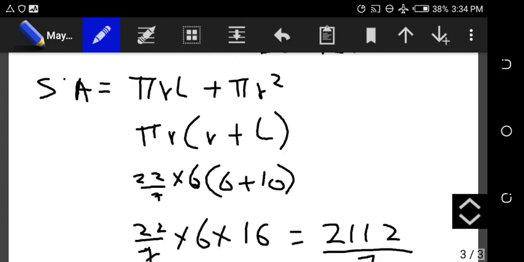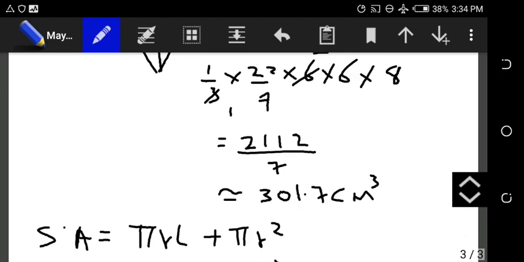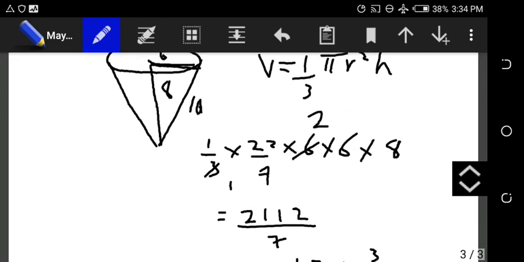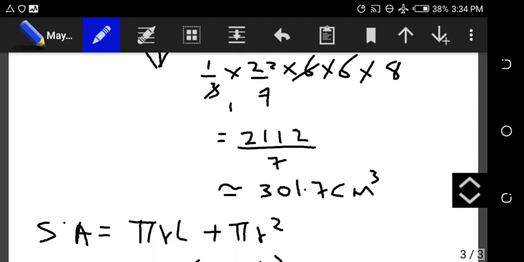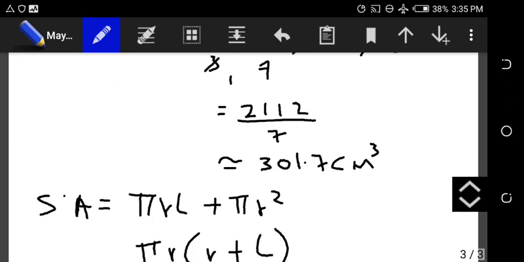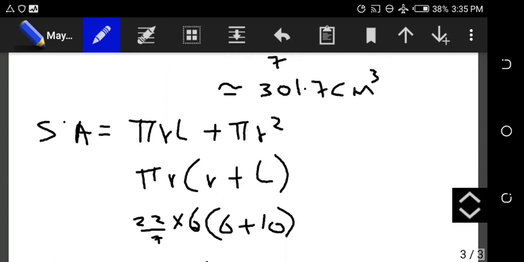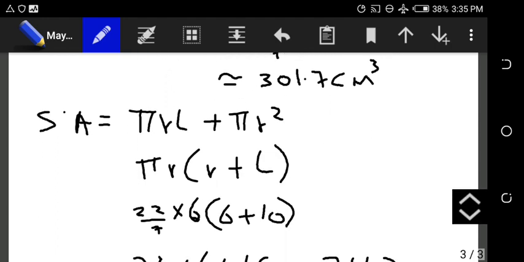That's always a squared unit, whereas the volume would give you a cubic unit.